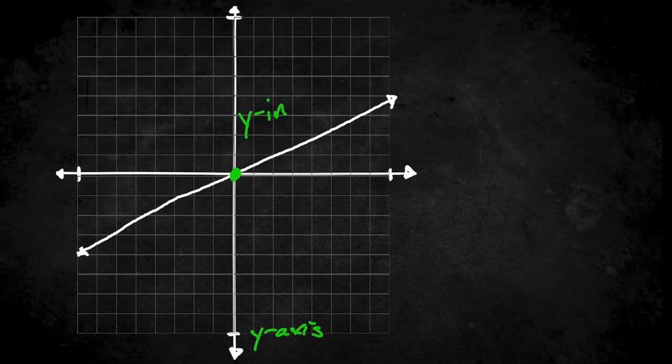Now all lines also have a thing called slope. Slope is how much rise over run. Rise over run basically means how much does it rise and run to the next point. So for example, you run 2 and you rise 1.